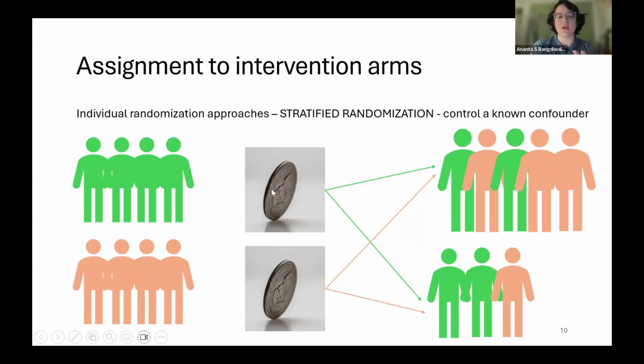And so we're going to randomize each of these into our arms separately. Whatever randomization scheme, here I'm showing simple randomization, but more than likely it would be the permuted block. We would do each of those randomization schemes separately for each kind of person based on that known confounder.